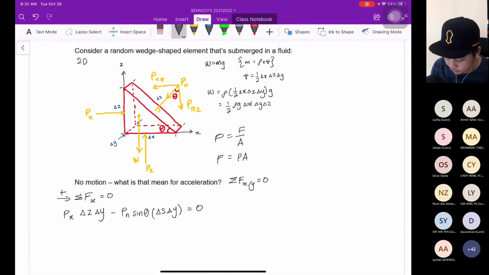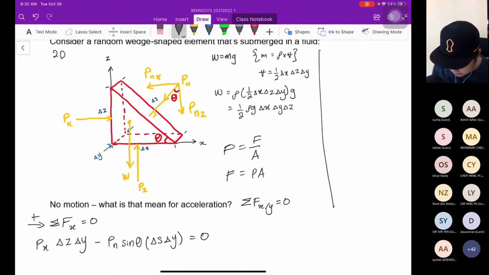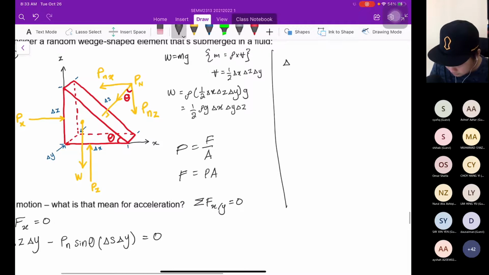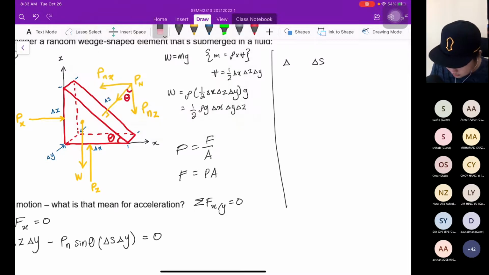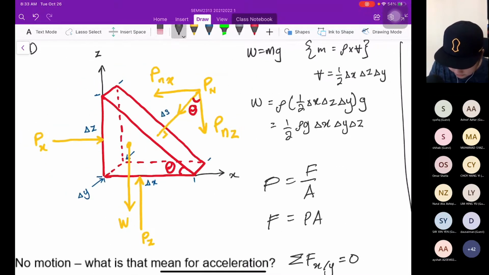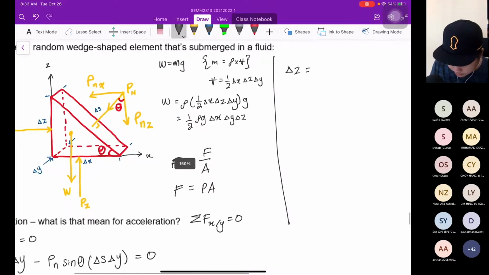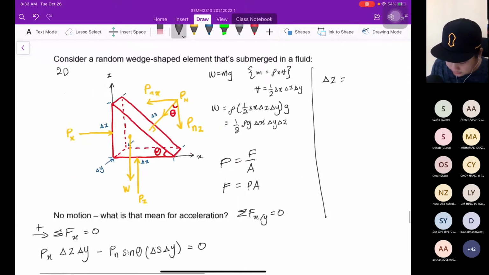Based on this correlation, in order to get delta Z, I should use the hypotenuse.